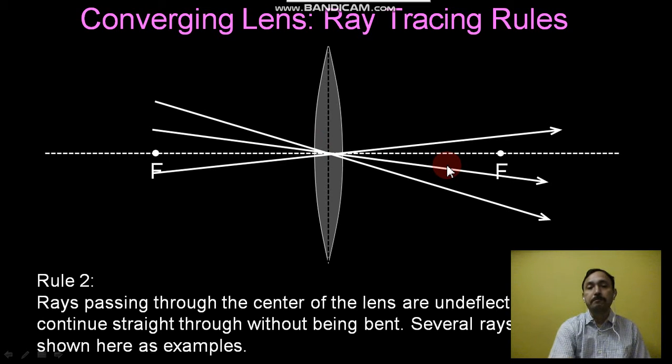So rays passing through the center of the lens, the optical center, are undeflected. They will not bend or be deviated. Any number of rays may pass through the optical center, and there will be no deflection.